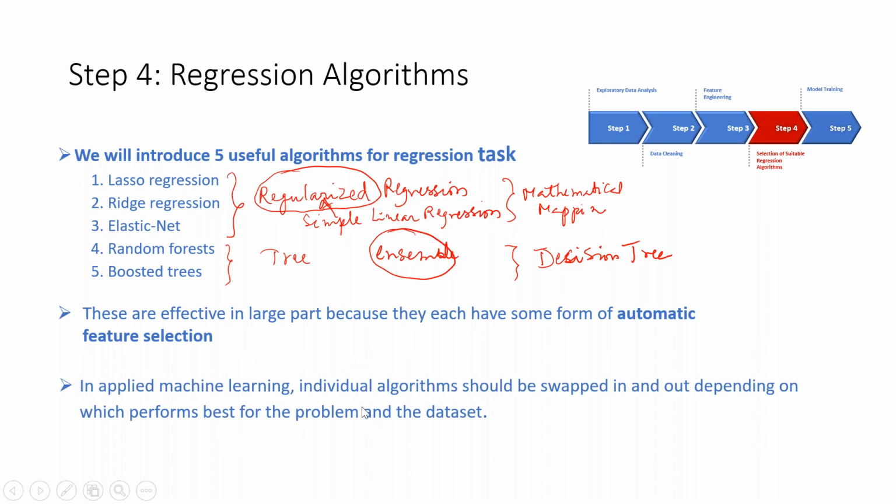In applied machine learning, individual algorithms should be swapped in and out depending on which performs best for the problem and dataset. So we have one model to be built, but we will not build that model with only one algorithm. Actually, all important algorithms that can solve this problem, we will build models using all of them.